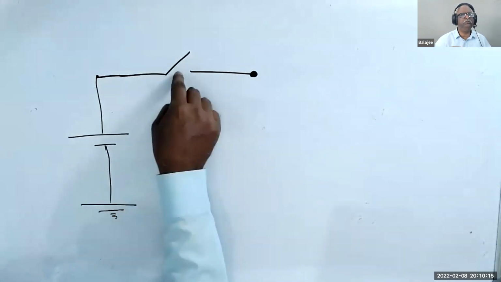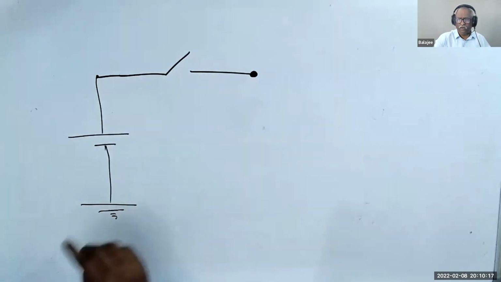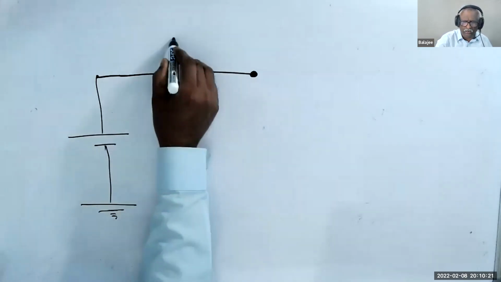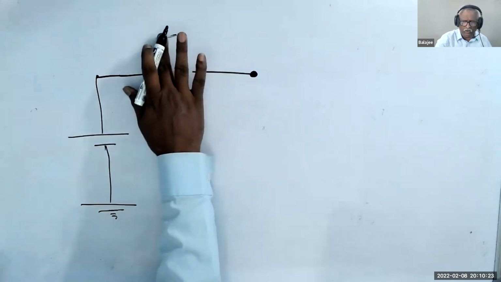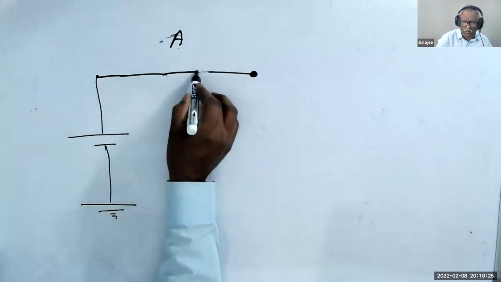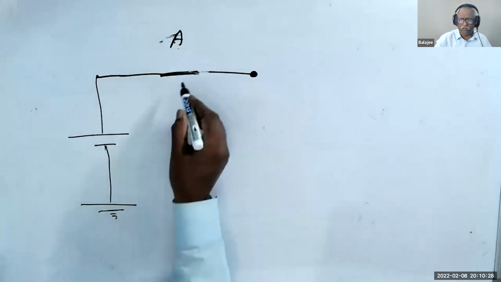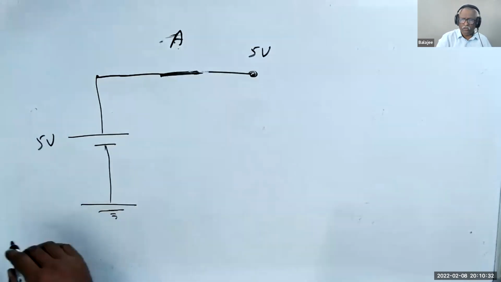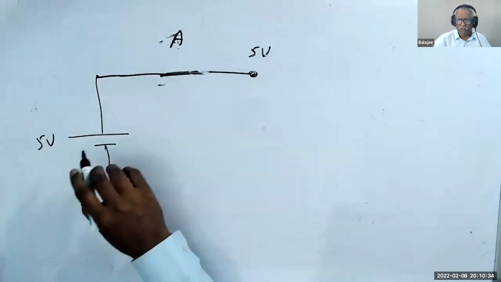I connect a switch. Understand? Now, let us assume the switch is on. S1 or A, let us call it A. Switch A is on. When switch A is on, the output becomes 5 volt, because this is 5 volt.